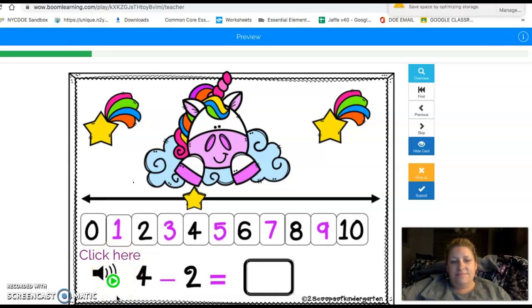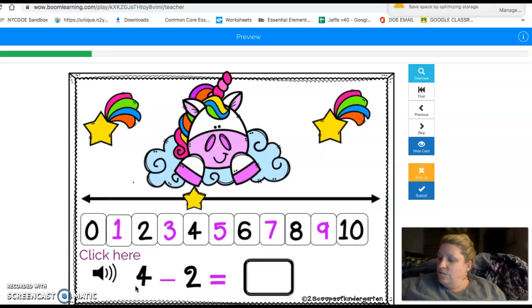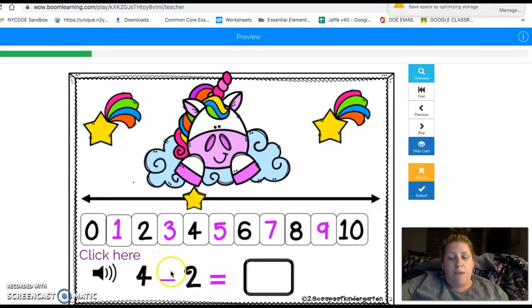Move the star on the number line to help you solve your subtraction problem. So we need how many? 4. So take 4 objects and put them in front of you. 1, 2, 3, 4. And we have to minus, or we could say take away, how many? 2.